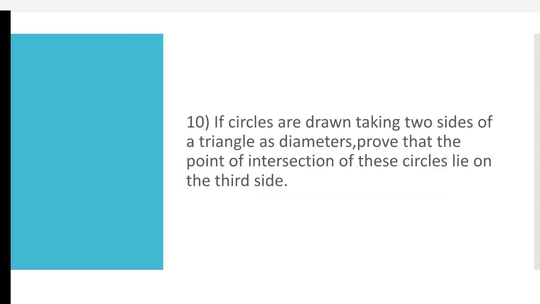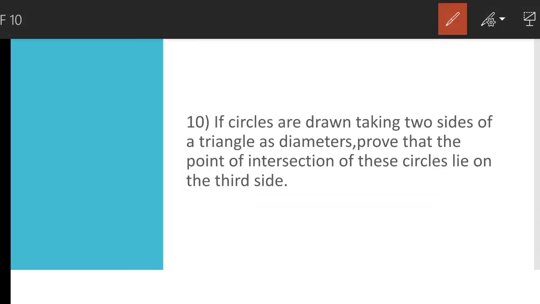The next question says, if two circles are drawn taking the sides of a triangle as diameter, prove that the point of intersection of these circles lies on the third side. Suppose we have two circles. The points of intersection are this top and this bottom, and they form a triangle.